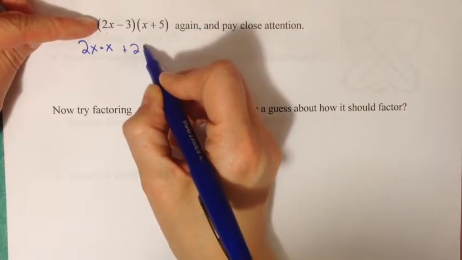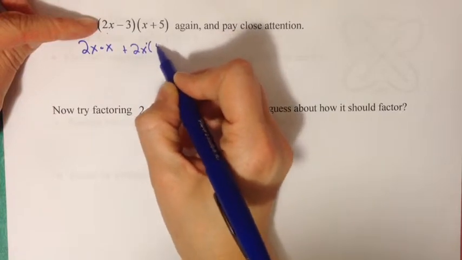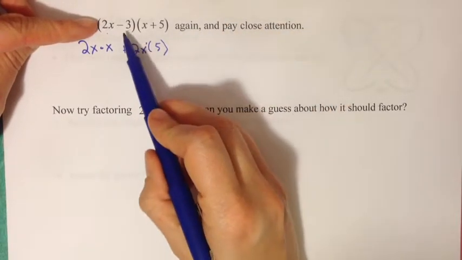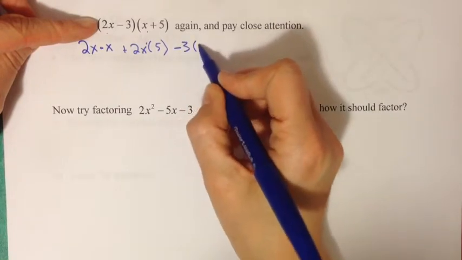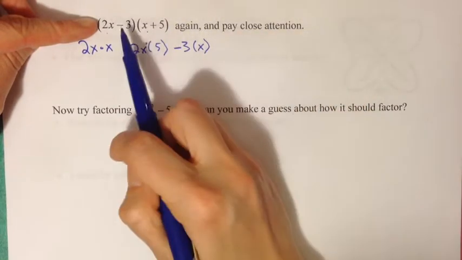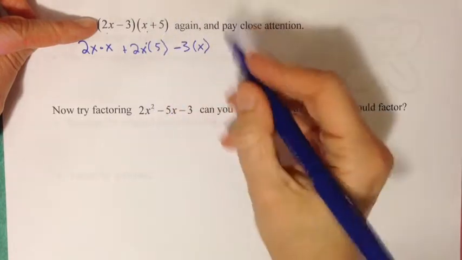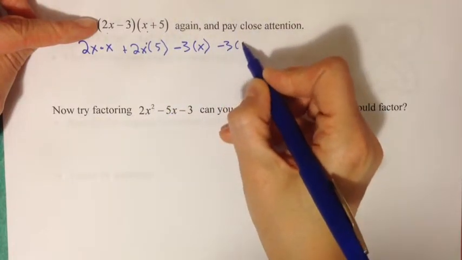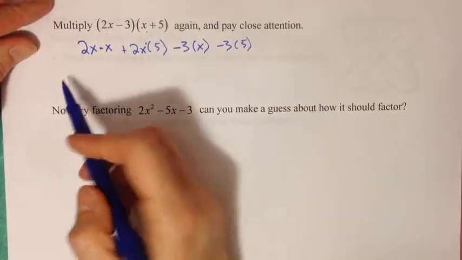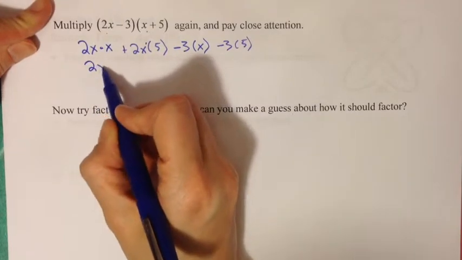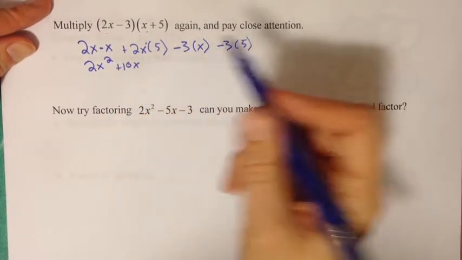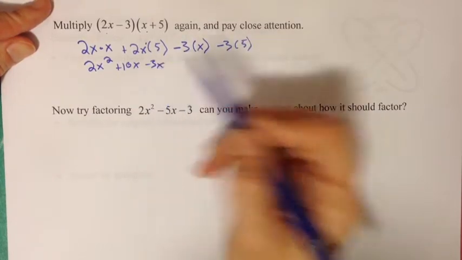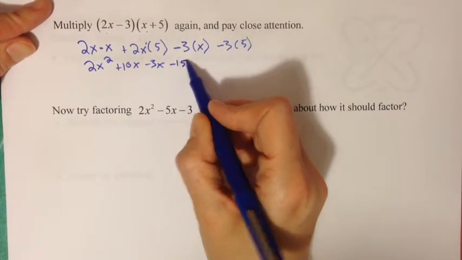Then I multiply negative 3 by x. And finally, I do negative 3 multiplied by 5. I'm going to do that multiplication now, which gives me 2x squared plus 10x minus 3x minus 15.